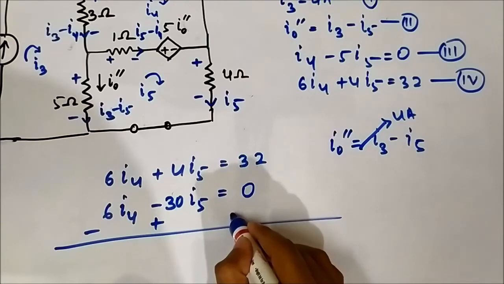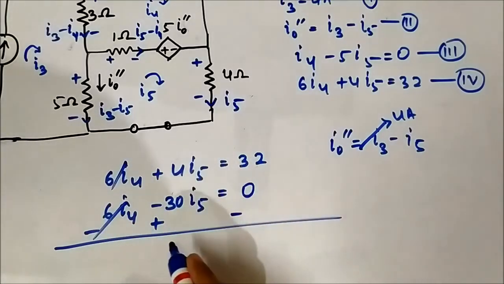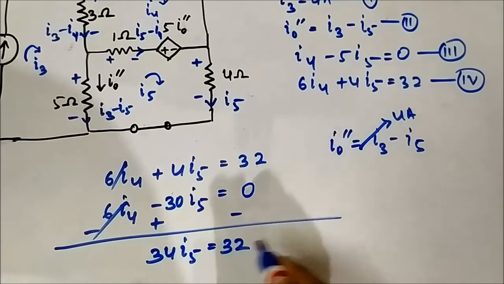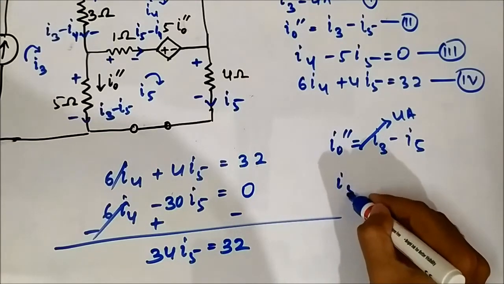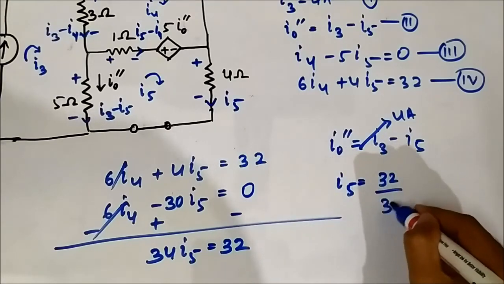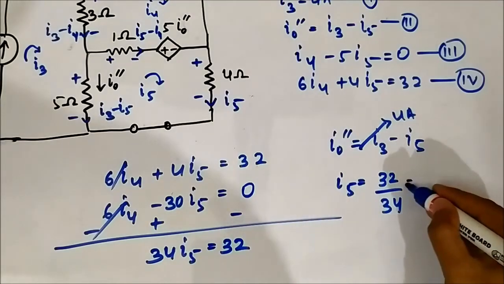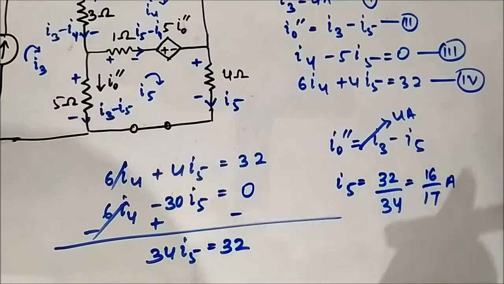These two will get cancelled out, to become 34 I5 is equal to 32, or I5 is equal to 32 by 34, which is equal to 16 by 17 ampere.